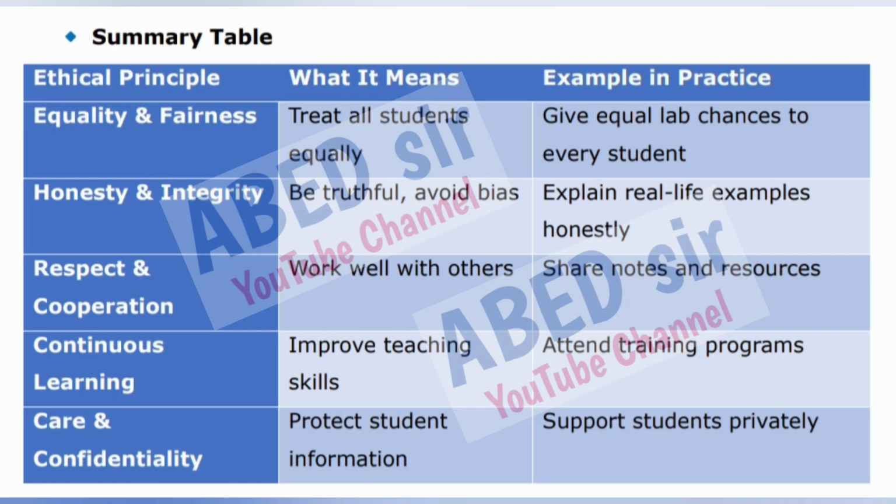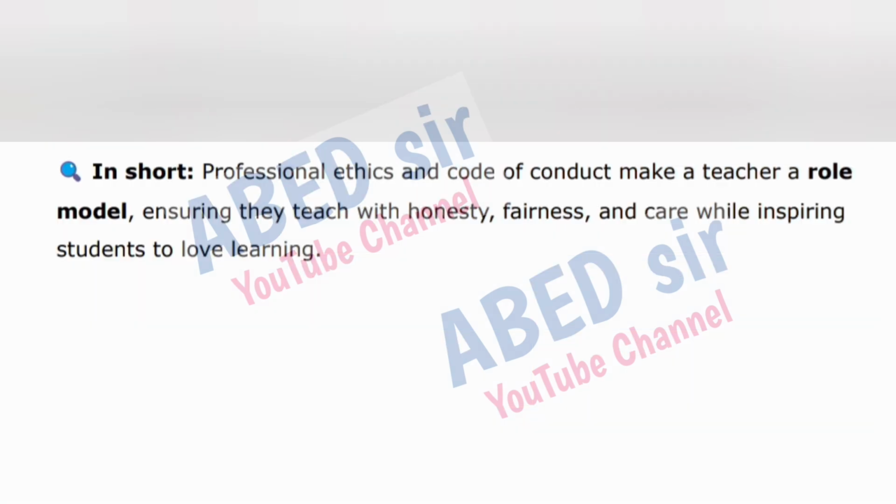Continuous learning: improve teaching skills, attend training programs. Care and confidentiality: protect student information, support students privately. In short, professional ethics and code of conduct make a teacher a role model, ensuring they teach with honesty, fairness, and care while inspiring students to love learning.